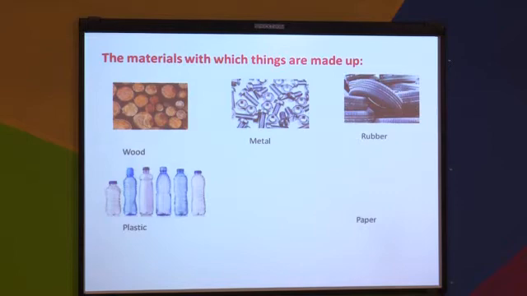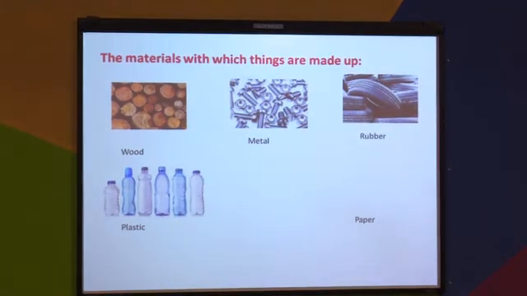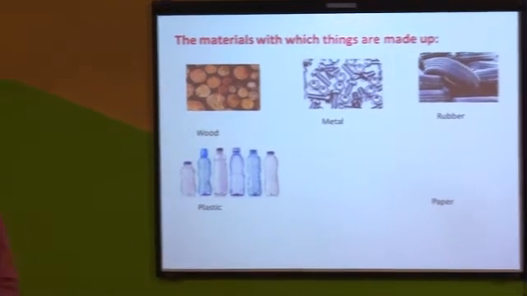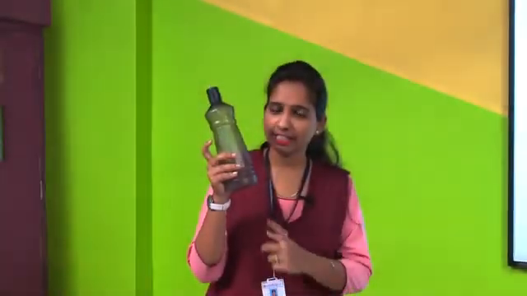Can you see the plastic? With the help of plastic, what will we make? We will make plastic bottles, plastic bags, etc. Okay. Now next, glass. Okay. What will we make with the help of glass?